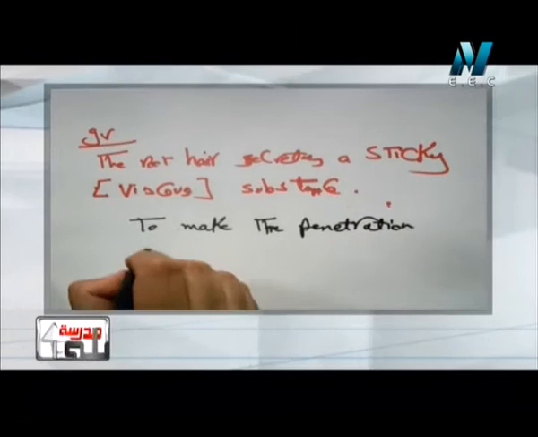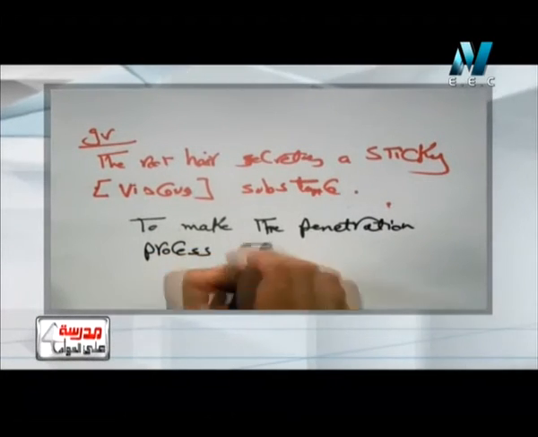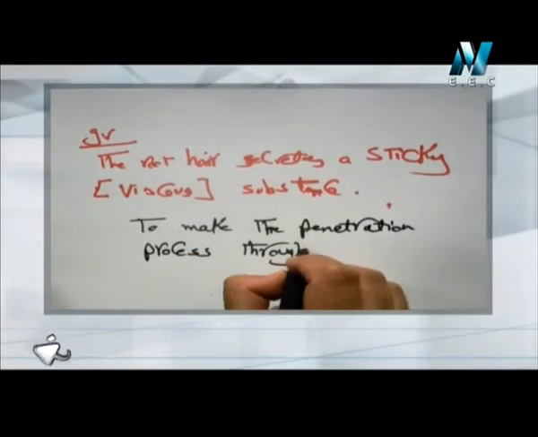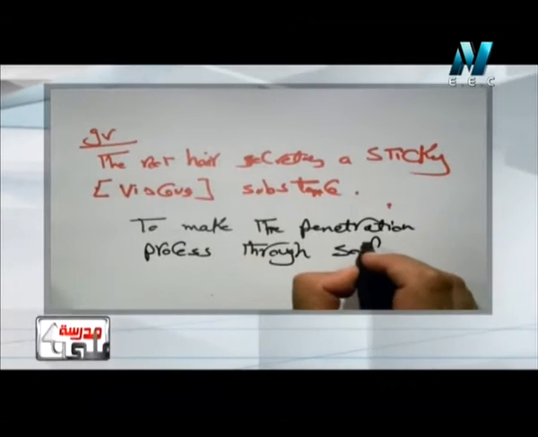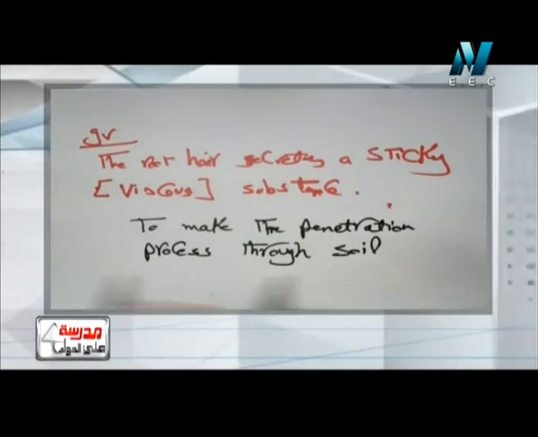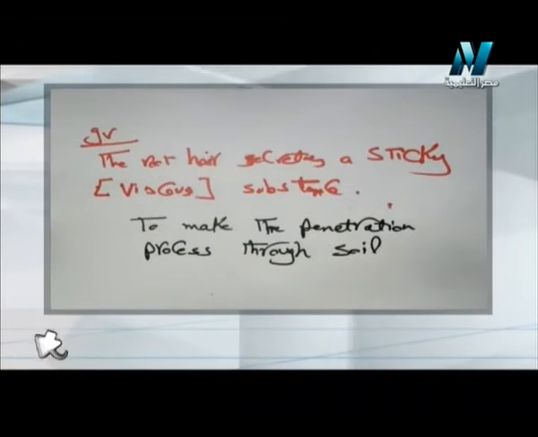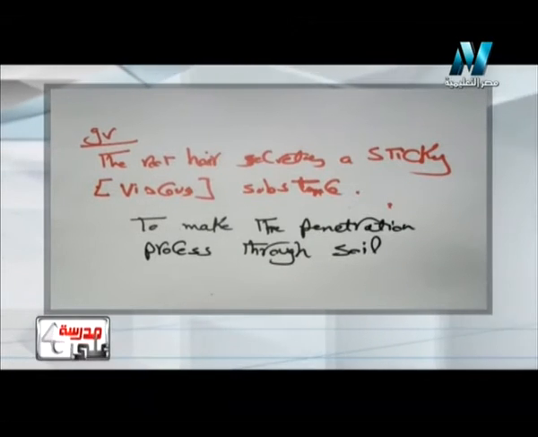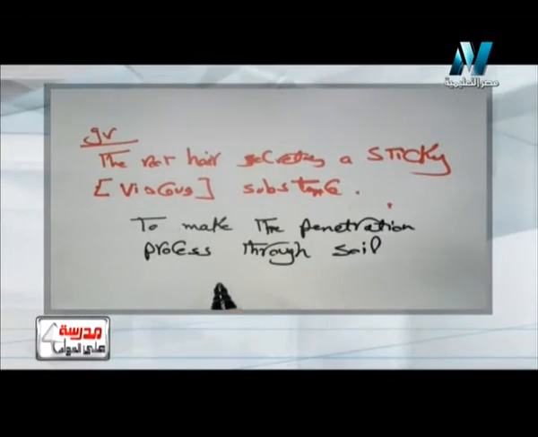Through what? Through soil. Because you know that soil particles are very hard. They consist of clay, silt, gravel, sand, dust, and so on. So, in other words, to be able to penetrate the soil, to allow penetration, to ease penetration. So to make the penetration process through the soil easy for the root hair.